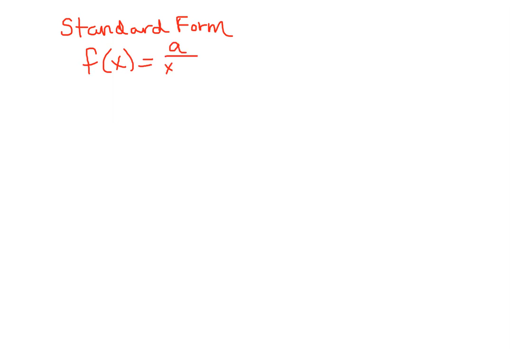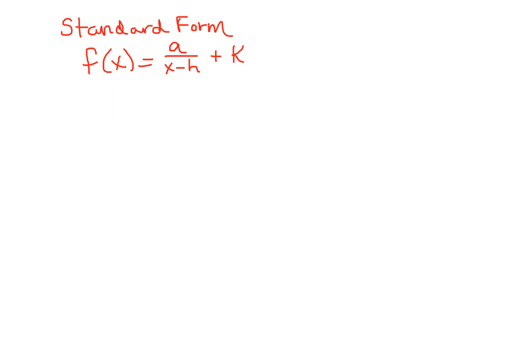Now let's see what we're going to do if we have some transformations and how it changes for the standard form. So the standard form of a reciprocal function is f of x equals a over x minus h plus k, like that.